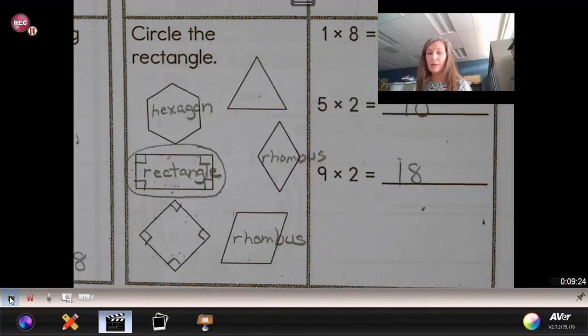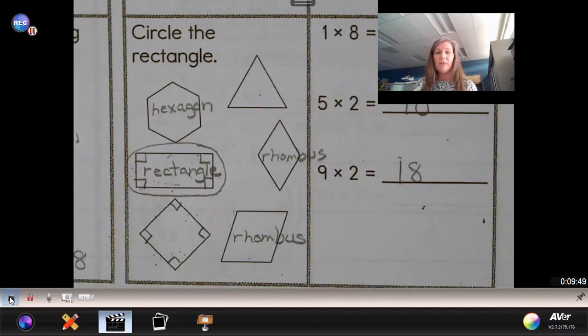So again, I'm going to repeat. In your discussion question for today, you're going to tell me how a rectangle and a square are the same. If you don't remember, rewind and you can revisit or re-listen to how I described a rectangle and a square being the same. So put that in your discussion for your comments.